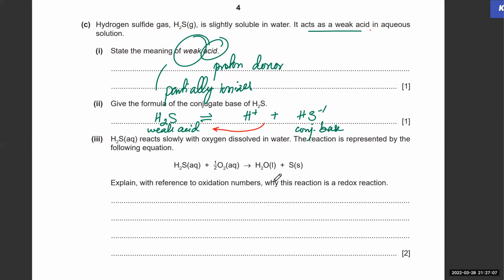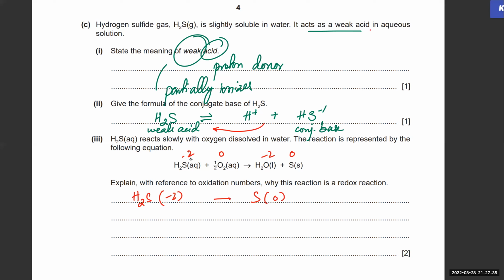Explain with reference to oxidation number why this reaction is a redox reaction. Over here S is -2, and now S is 0. So you just give the reference that H2S goes from -2, sulfur goes from -2 to 0.